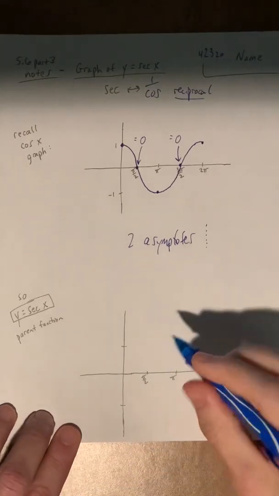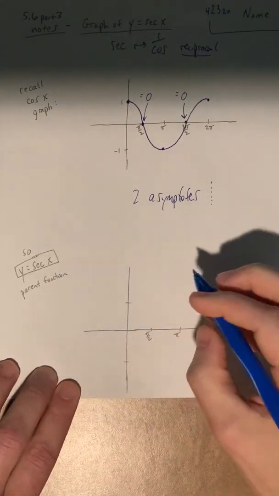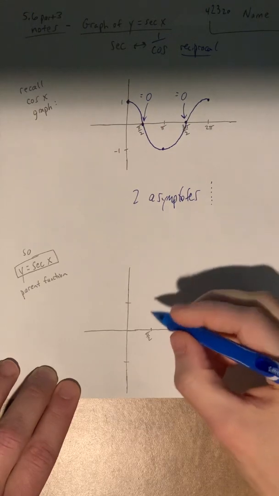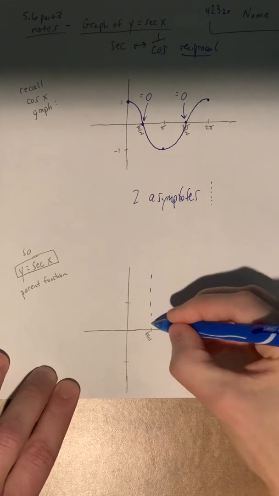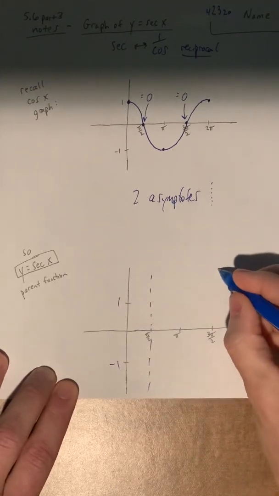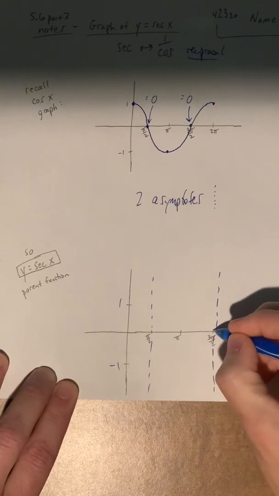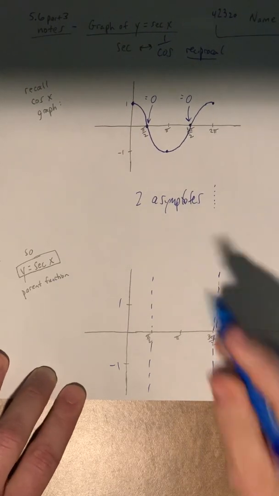So, let's go ahead and put those asymptotes on the secant graph. Oh, kind of missed that one there. That's okay.